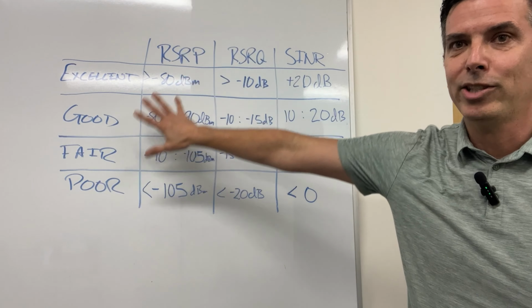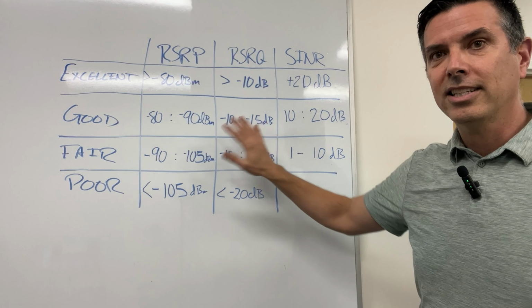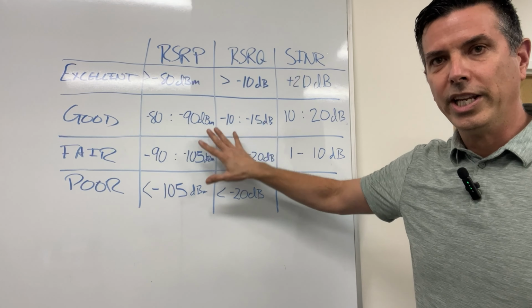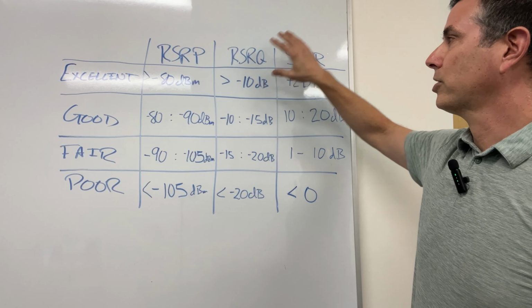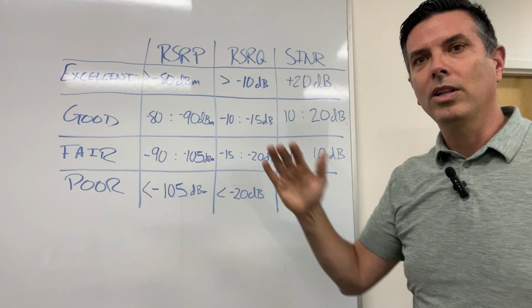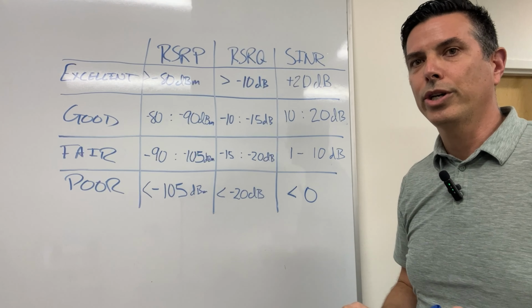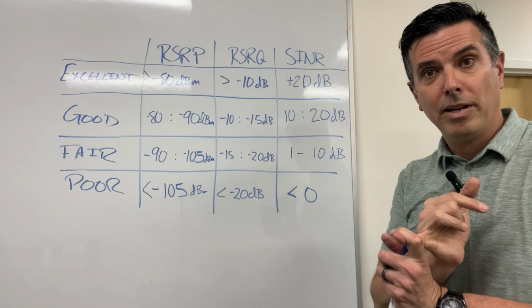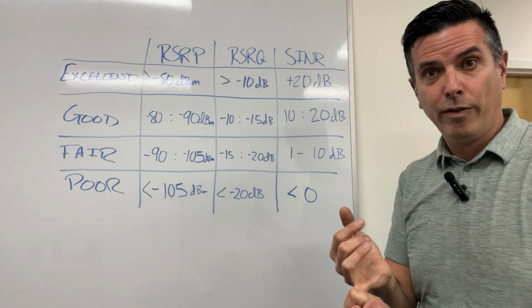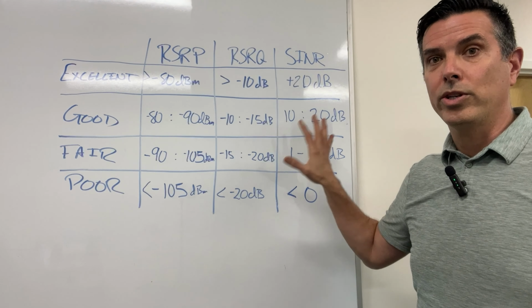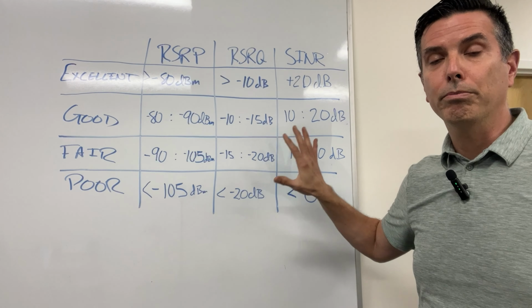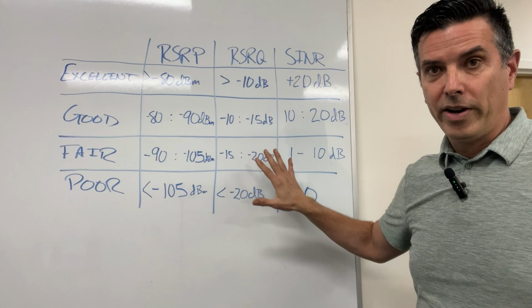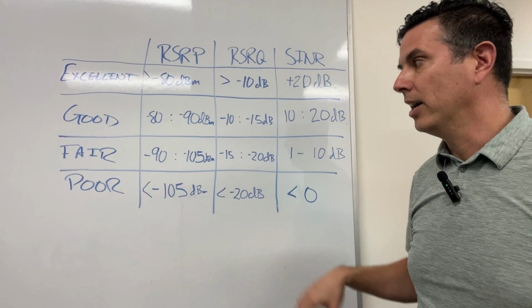But here's your matrix. I can link this to the video down below in the comments. RSRP, RSRQ, SINR, they all tell you a little bit different metric as to how good your signal is. Talked about dominant PCI, physical channel identifier, why that's important. When your DAS is done, you want to see dominance from the channel that you're boosting on the target area, in that floor, in that area.